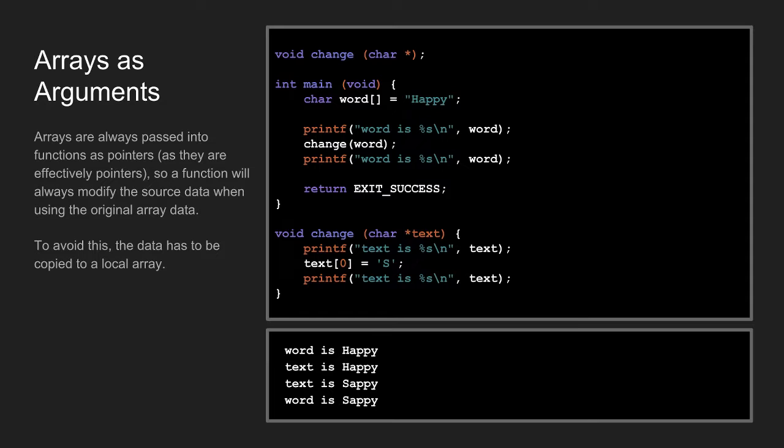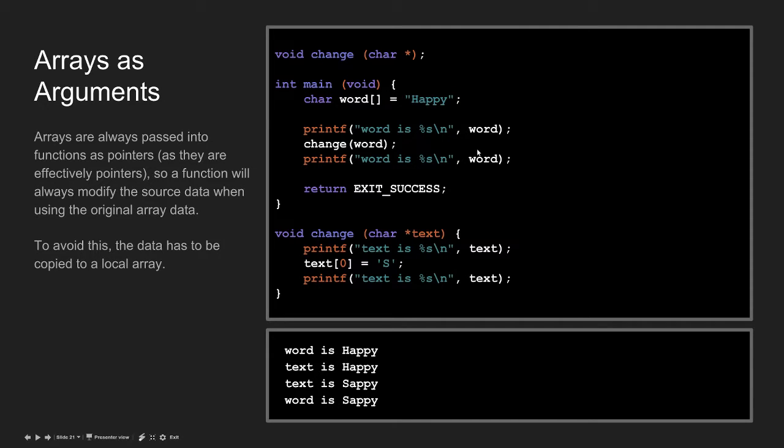Now with arrays, because arrays work a lot like pointers, and because arrays are treated as pointers, what gets copied isn't the values that are stored in the array, but the address to it. And because of that, whenever we use arrays with functions, we access the original data.